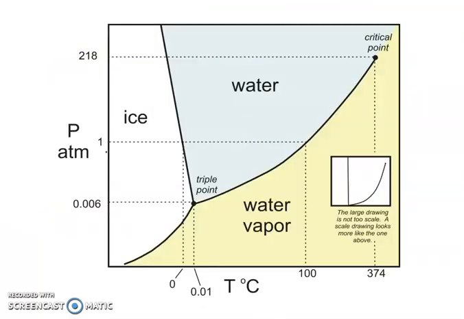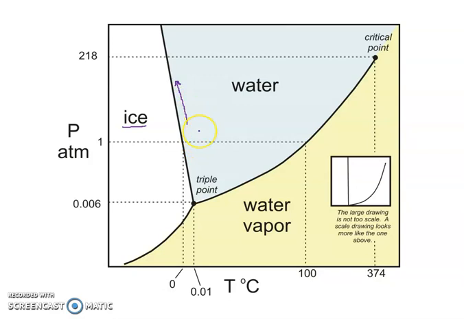Now let's go back to water, because not only is water fascinating because it has 14 different solid types at the time of making this video, and all of those 14 would still be in this solid region, but it also is interesting because of the slope of this line, the line that's between the solid and the liquid.